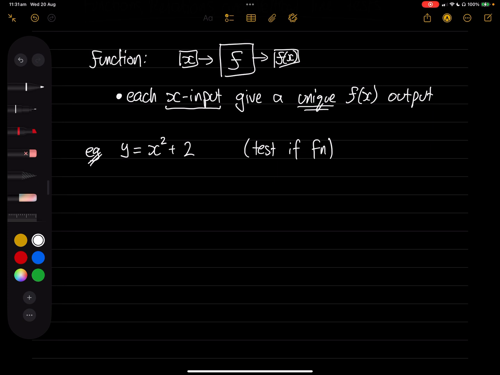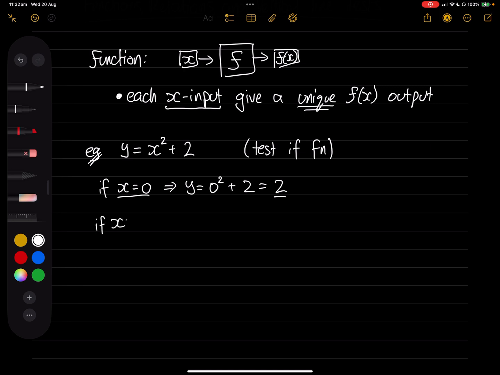Well, one way we could do this is we could say, okay, let's put a few values in and let's see if there are any values that we can work out that would give us two outputs. Well, maybe if x is equal to 0, 0 is an unusual value, we get y is 0 squared plus 2, that's 2. So this input gave us a single output.